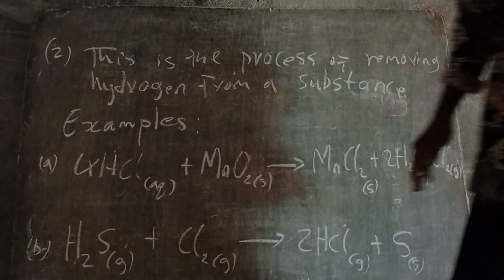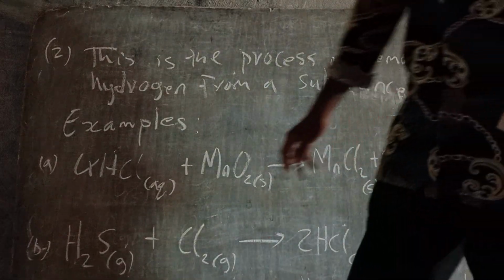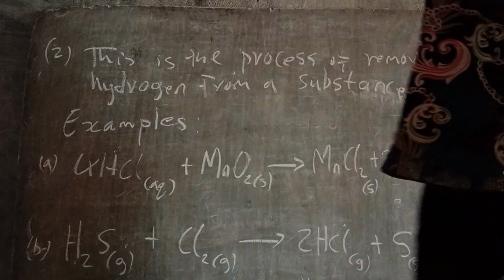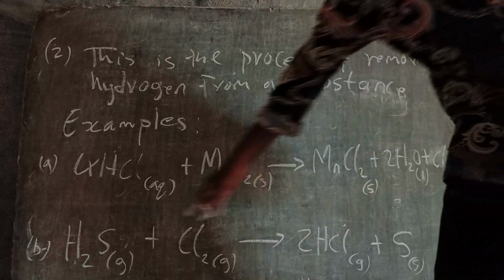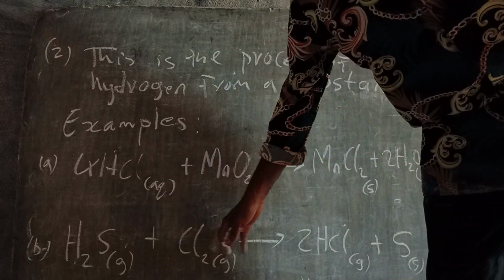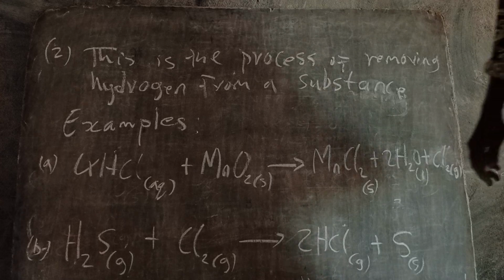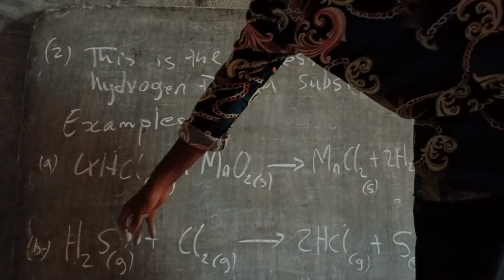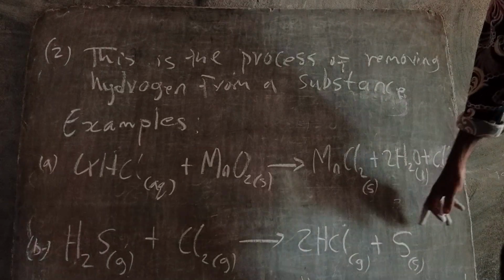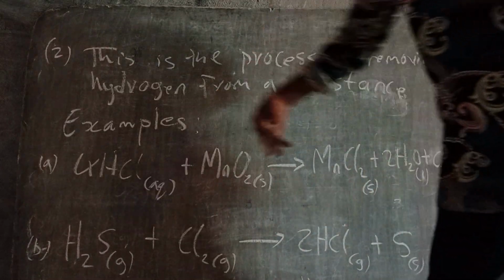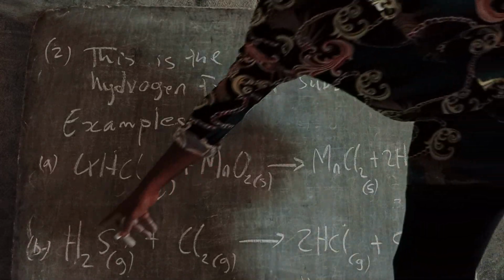Look at example 2. Hydrogen sulfide gas. Do you know what hydrogen sulfide gas is? It has the smell of a rotten egg. Look at hydrogen sulfide gas reacting with chlorine gas. When you check very well, you will see that sulfur is alone, which indicates that hydrogen has left sulfur. Are you seeing it? Yes, hydrogen has been removed from here.